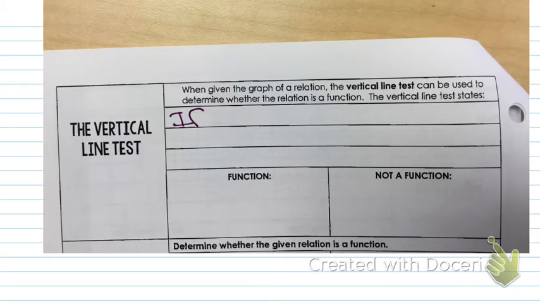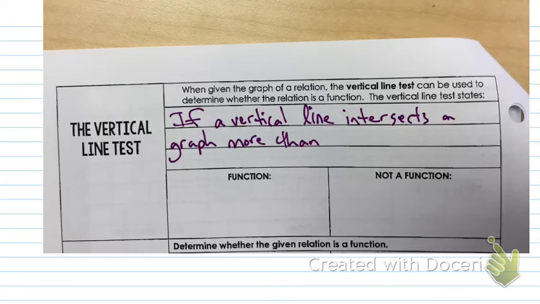If a vertical line intersects a graph more than once, it is not a function. So if a vertical line intersects a graph more than once, it is not a function.